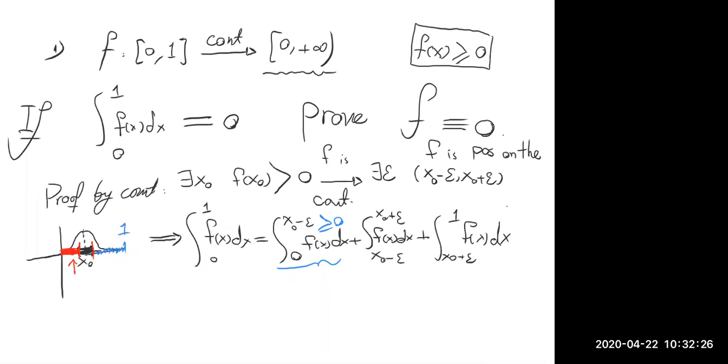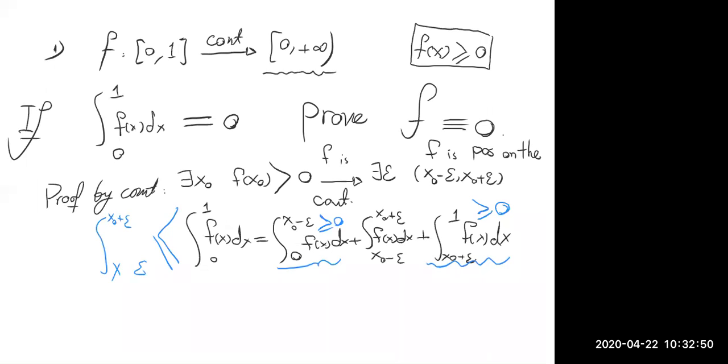This is also greater or equal than 0. So the whole thing is greater or equal than the integral from x naught minus epsilon to x naught plus epsilon of f of x dx.